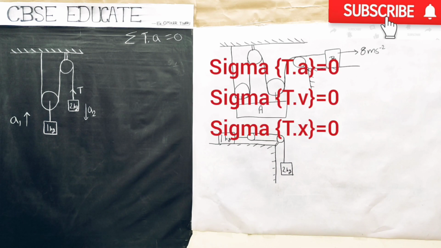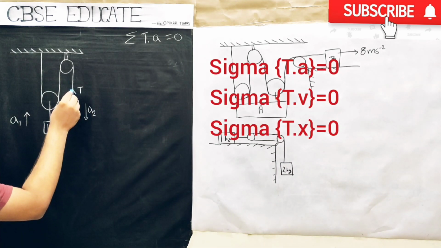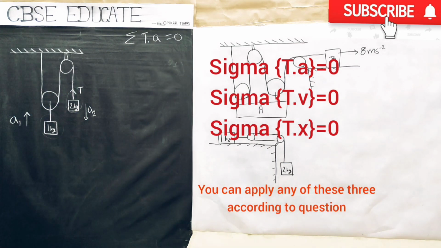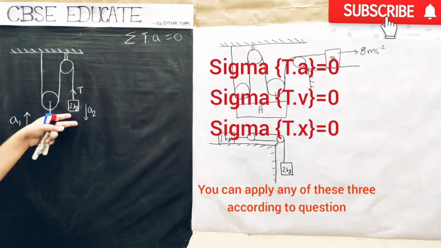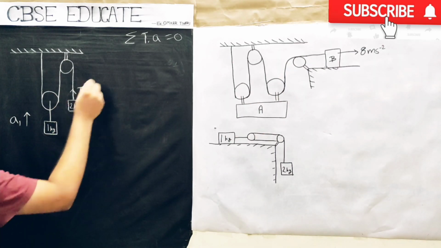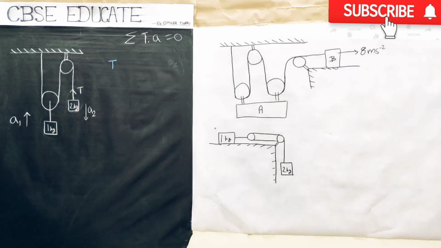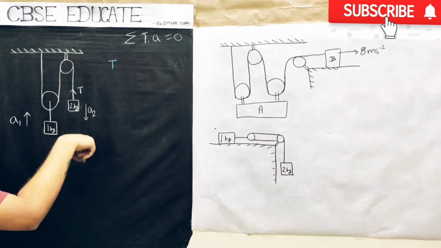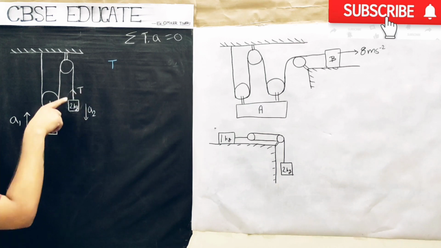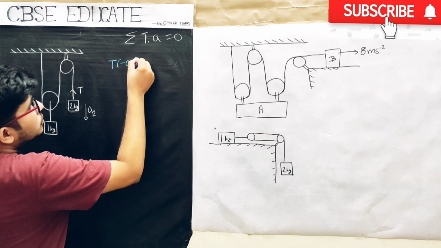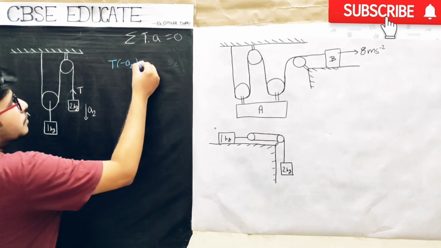This means first I will talk about this body, then this body, and then adding these two will be 0. See, so the tension in this string is T, and the acceleration of this body is A2 in upward direction, opposite to the direction of T. So here I will write minus A2, plus.